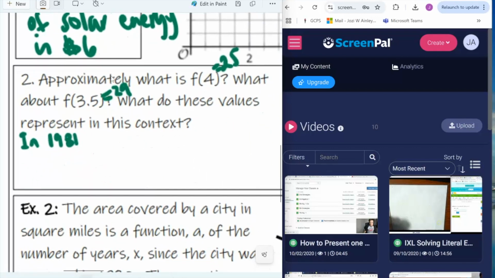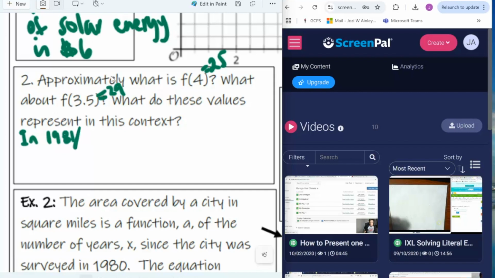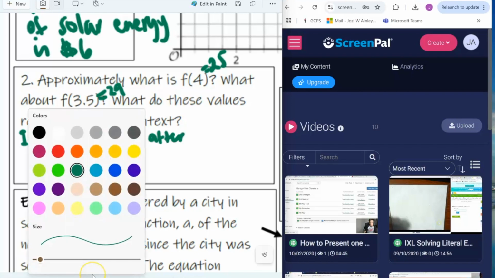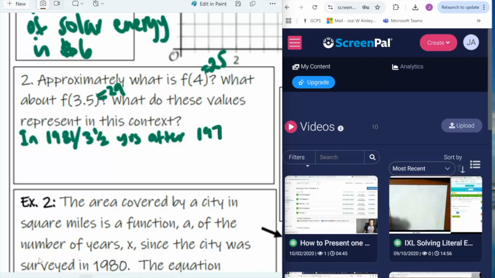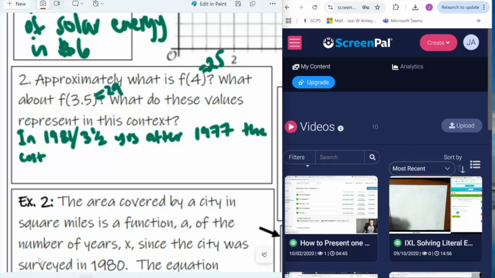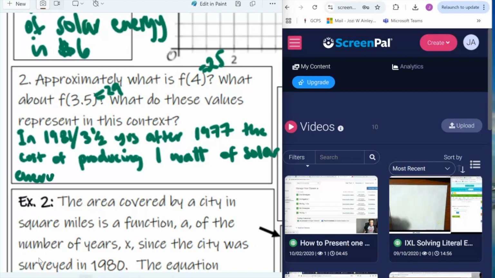So in 1981, or I'm going to say slash because I'm doing this one too, 3.5 years is going to be 1980.5, or we can say in 3.5 years after 1977, the cost of producing 1 watt of solar energy is, so it was $25.